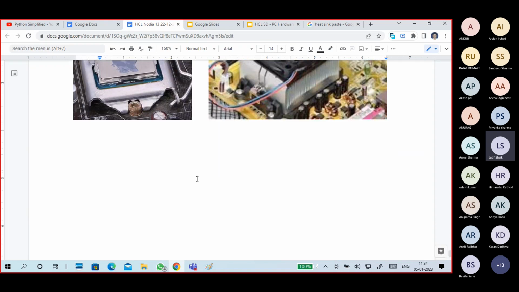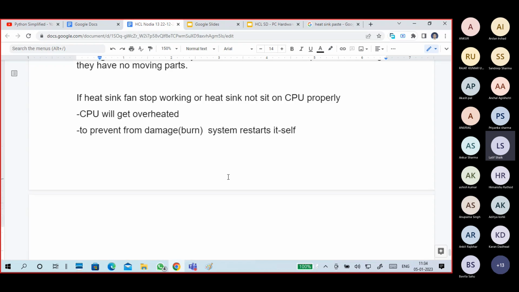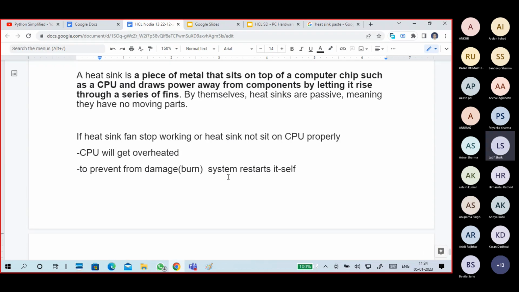To protect from overheating, what does the system do? The system will restart your PC without showing any error. Guys, remember, if your system keeps restarting itself without showing any error, there is one possibility: the processor is getting overheated. To protect the processor from damage, the system restarts itself.